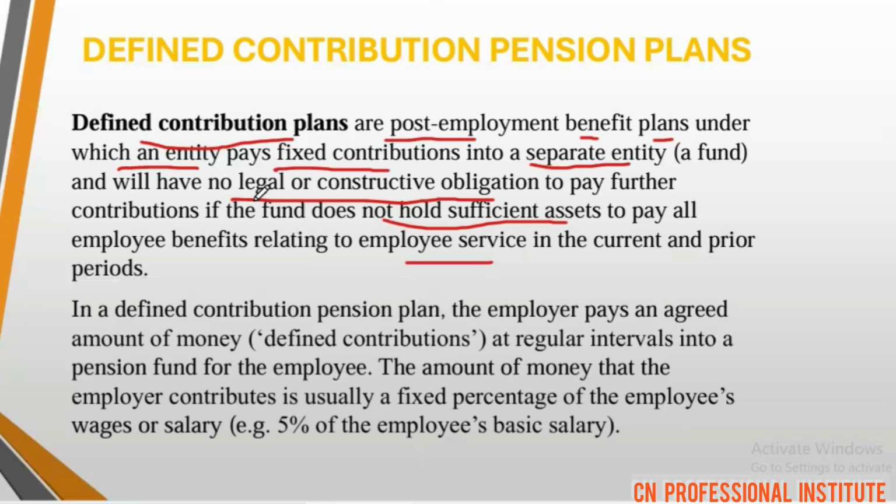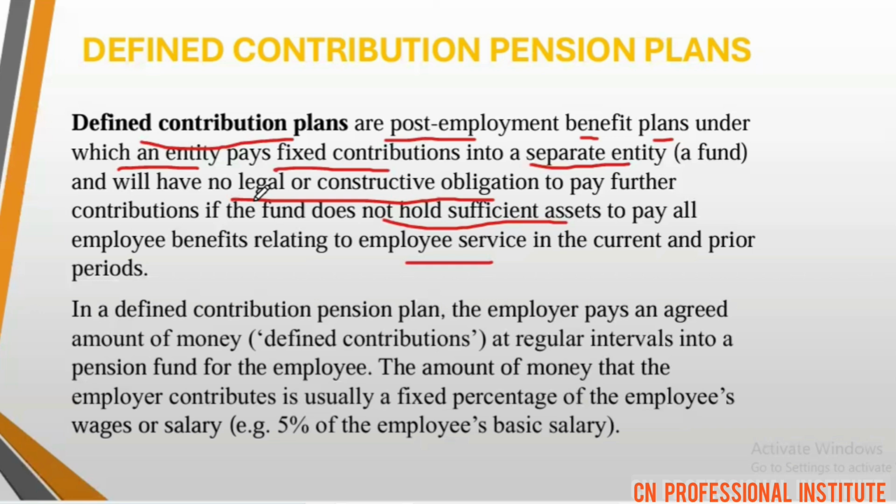Then when you are done rendering your service or you go on retirement, the organization has no obligation to pay anything again. If your money is not enough, go to SSNIT. Everything is with SSNIT now, the separate fund. So when you retire, you don't come back to the entity and ask them for your monthly pension. You go to SSNIT, the third party.